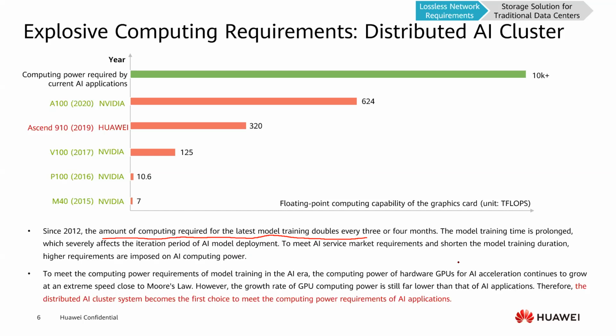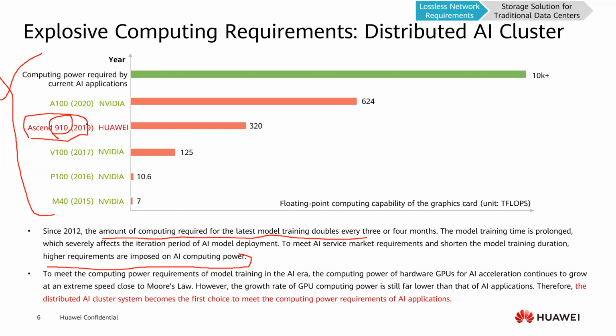To shorten the model training duration, high requirements are imposed on AI computing power. We can see this dedicated hardware processing unit, for example, Huawei Ascend 910.